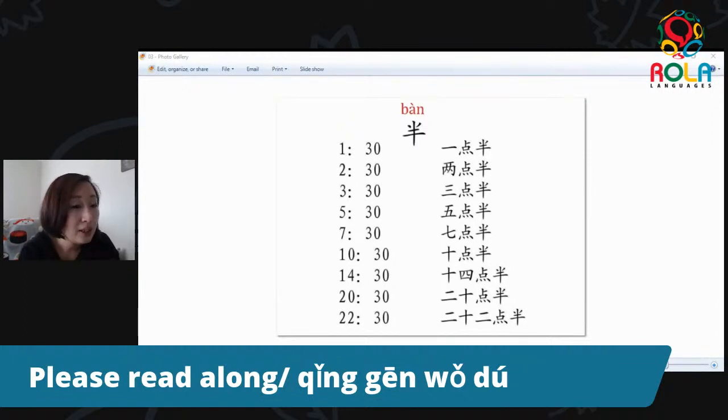1:30, we say 1点, but plus 半. So 1点半. 2:30, we say 2点半. 3:30, we say 3点半. 5:30, 5点半. 7:30, 7点半. 10:30, 10点半.